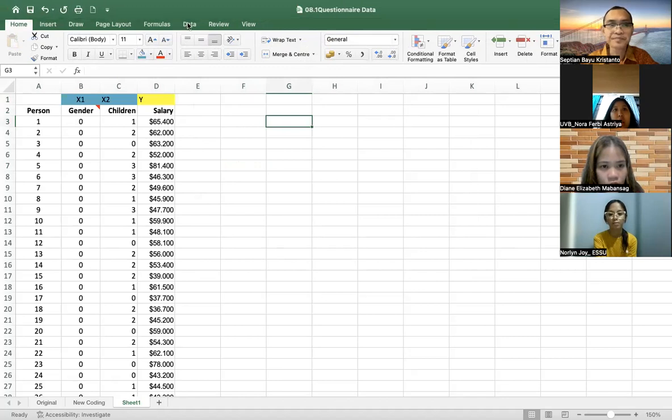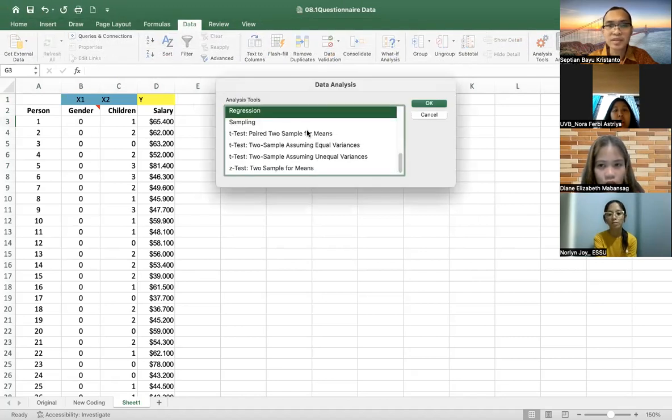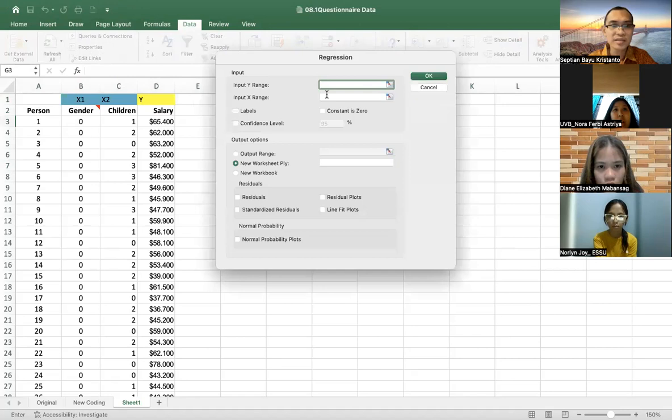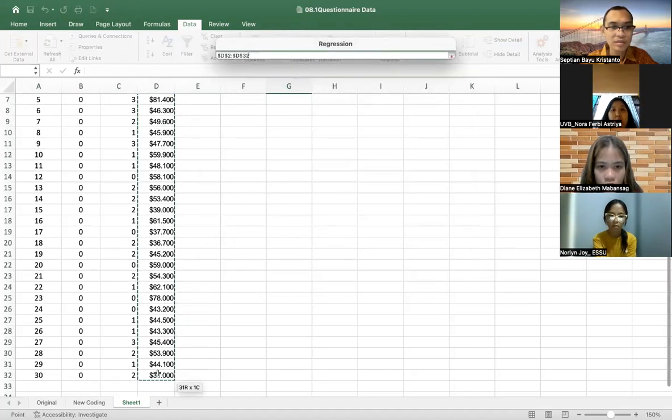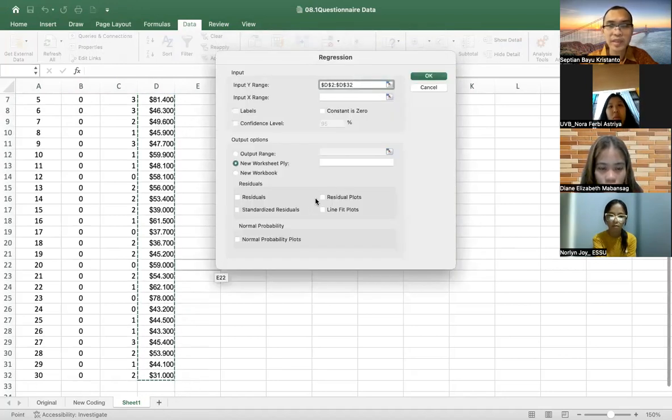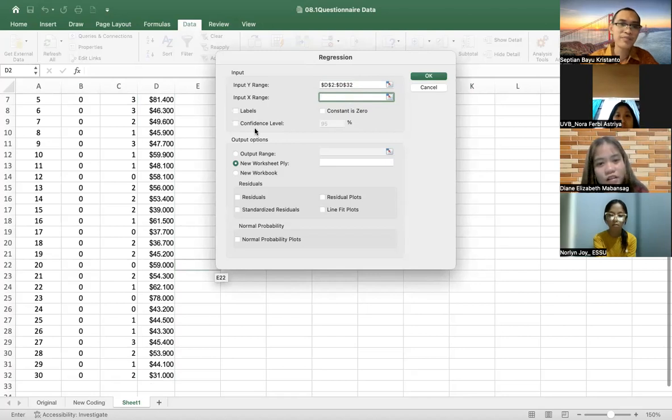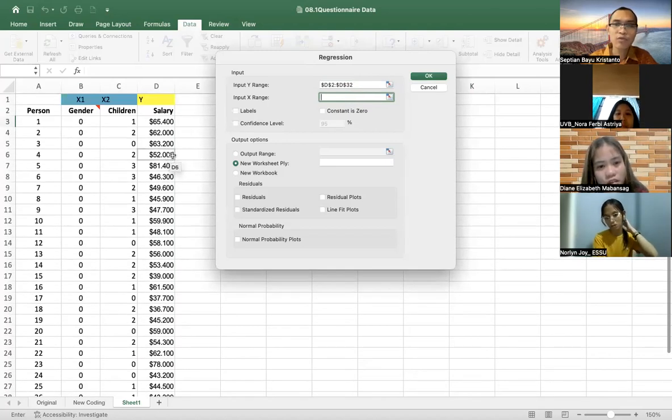Okay. Let's start the regression. We need to input the dependent variable, and you need to drag it out. And if we talk about single regression, we only have 1 independent variable.